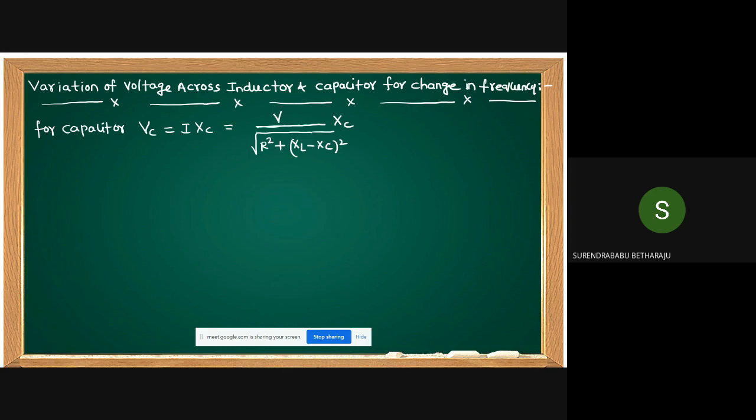If you change the frequency up to the resonating frequency and after the resonating frequency, at what frequency is the voltage across the capacitor maximum? Then for that, what can you do, students, to get the frequency at which the voltage across the capacitor is maximum?